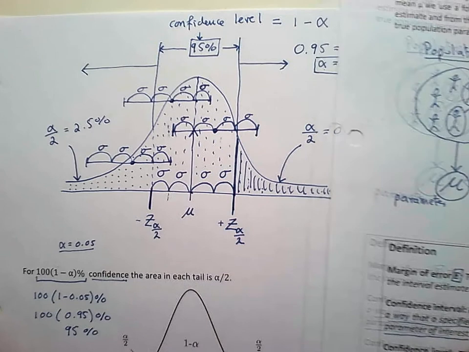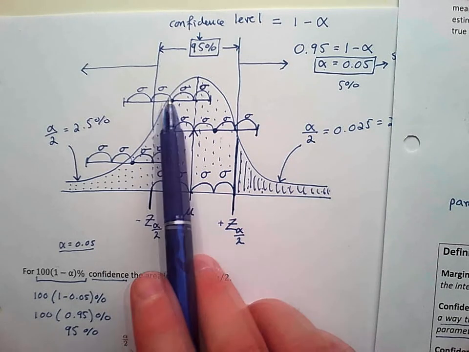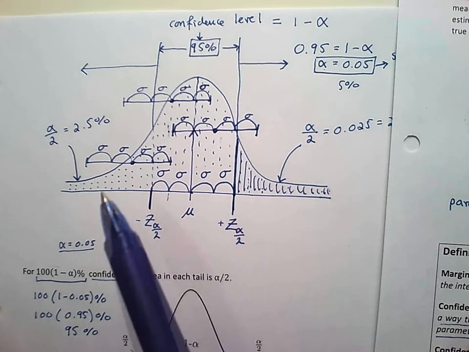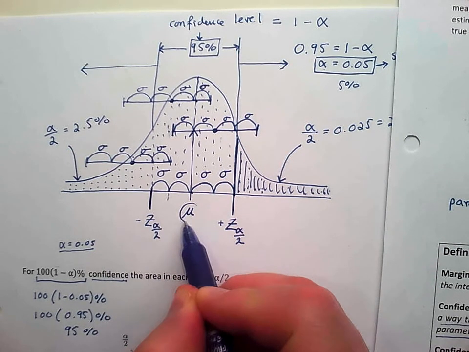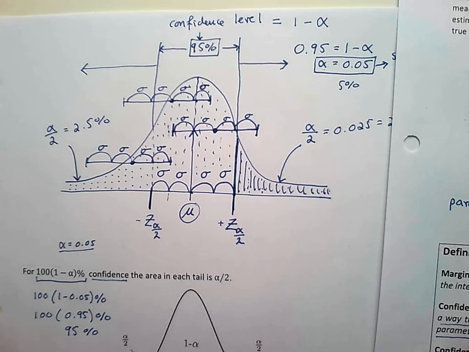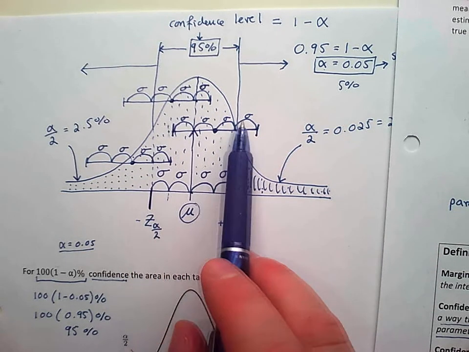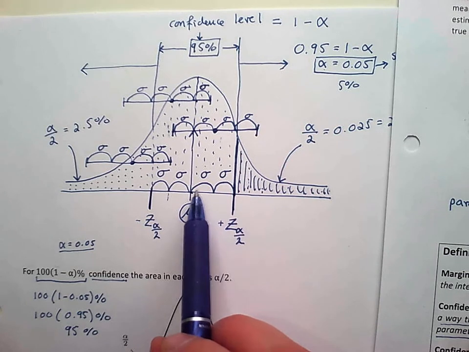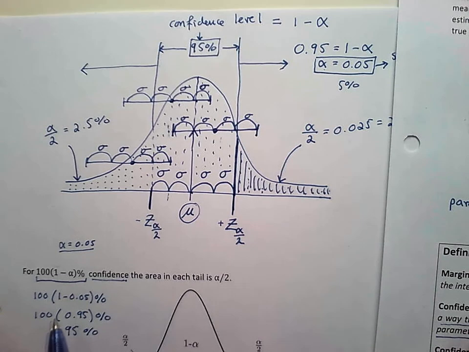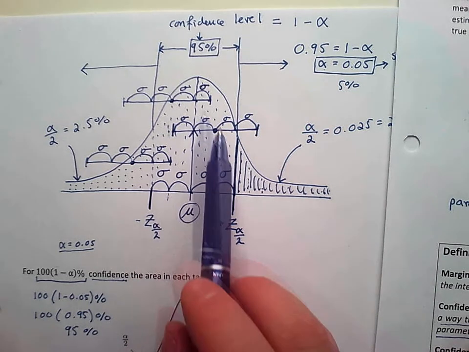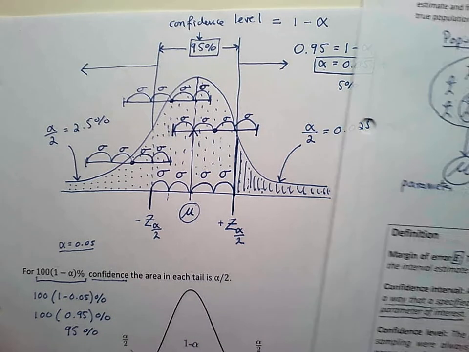So 95% of our intervals that we constructed in this way will contain our parameter of interest, and here our parameter of interest was mu. The process that we used in this example was adding 2 standard deviations above and 2 standard deviations below. 95% of those intervals contained mu.